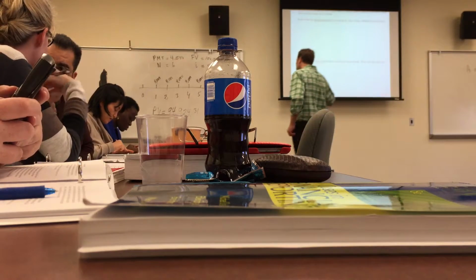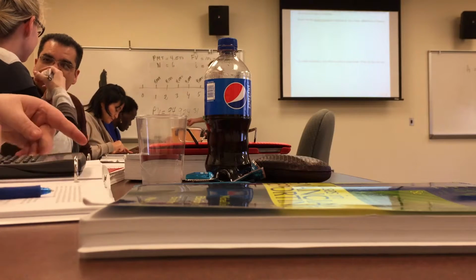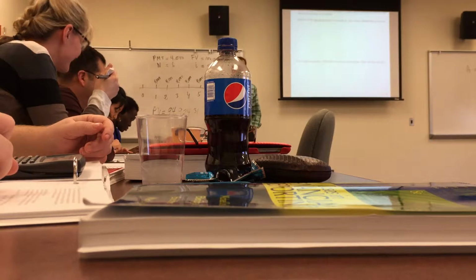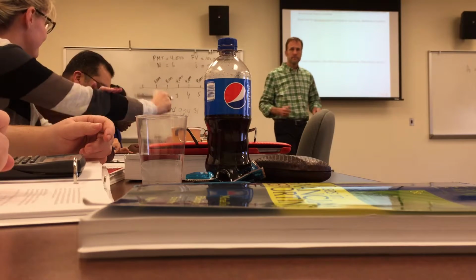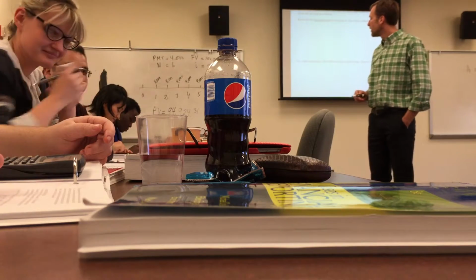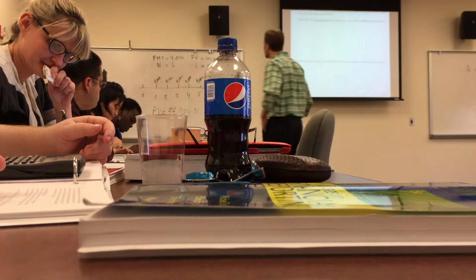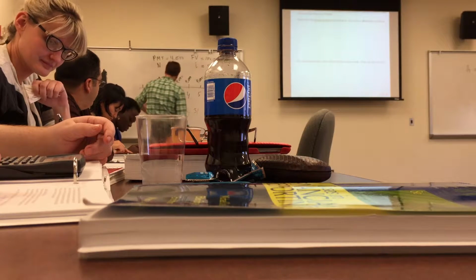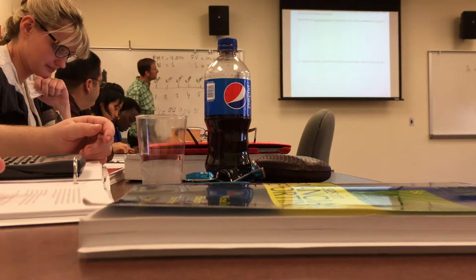All right. So you really need to be able to use your calculator to do present value calculations. You enter the facts that you know, and then you solve for the present value.